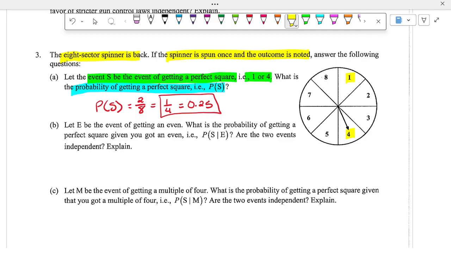The probability of blank over blank. So what goes in the numerator? Probability of A. Not just the probability of A. Probability of A and B. So the probability of both, over the probability of B. Right.